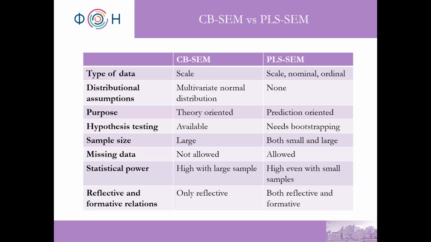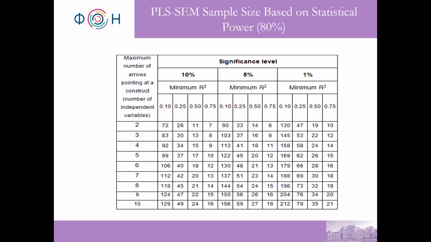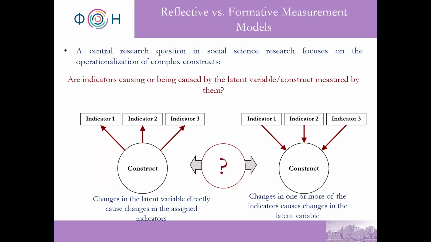So let's see what the difference is between reflective and formative relations. The main question which you, as somebody creating a model, should ask yourself is: are your indicators causing, or being caused by, the latent variable construct measured by them?